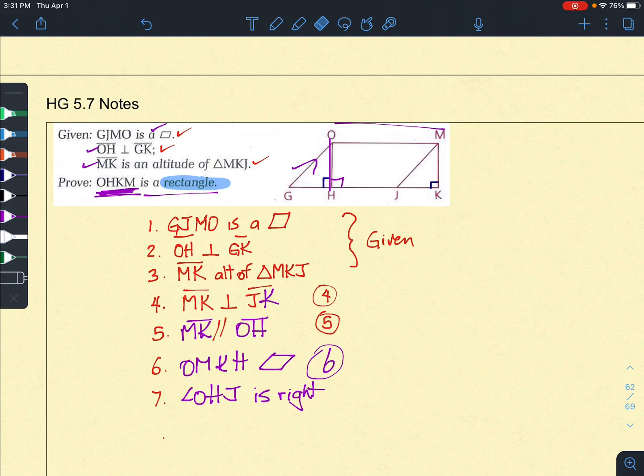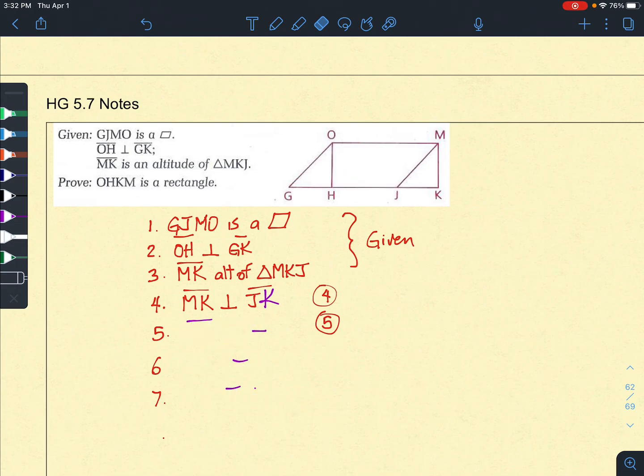And looking at this proof here, number one, here we go, let's launch in. Okay, so we start off with a parallelogram. Number two, we have a right angle that's given to us, and we have an altitude. Next, we're going to say, because it's an altitude, that's perpendicular. So definition of altitude.